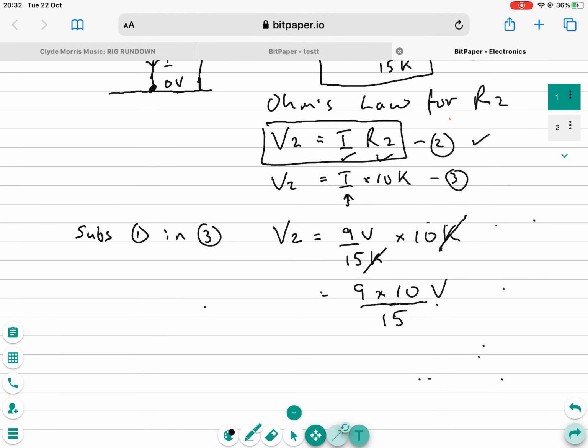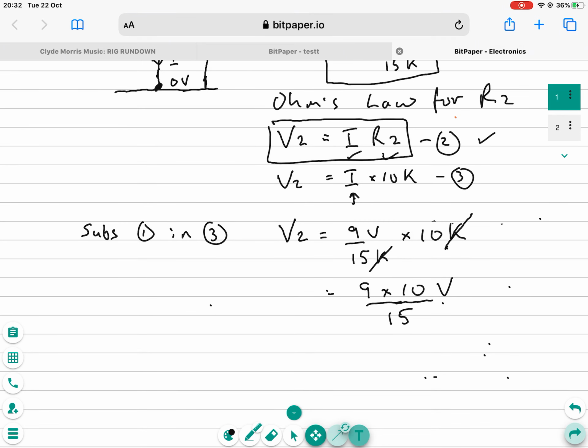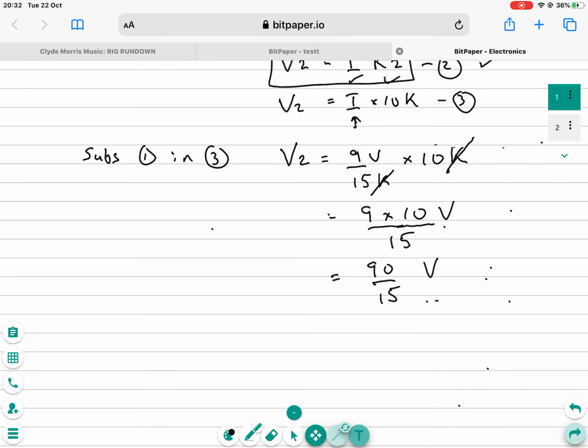When we tidy that up, that leaves us with 90 over 15 volts. And when we finally tidy that up, we end up with V2 being equal to 6 volts. All right, so that's how we use the voltage divider to find out the voltage across the lower resistor.